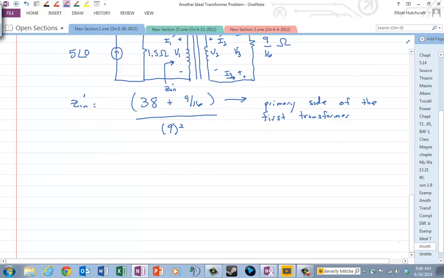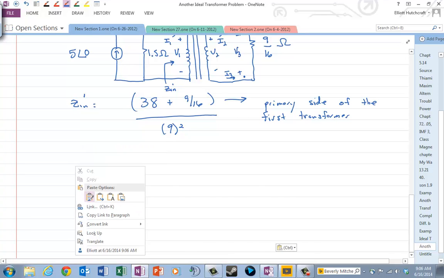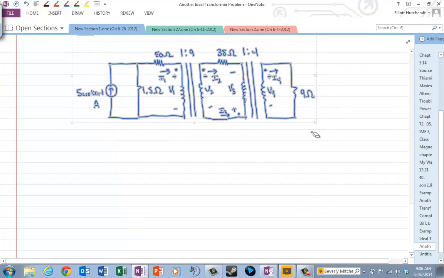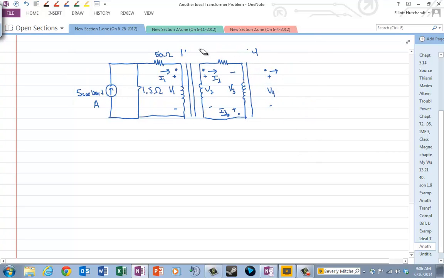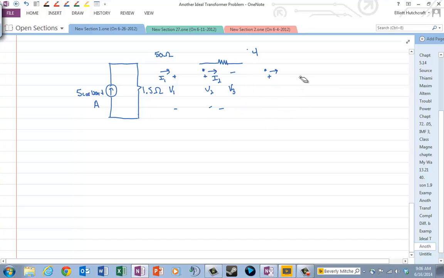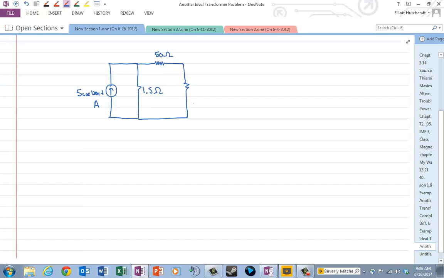And so now I can draw this circuit again, and that resistance is what I'll call Zn prime.